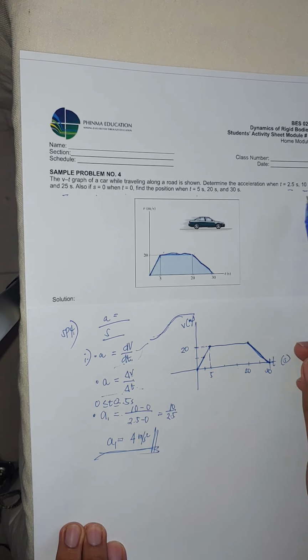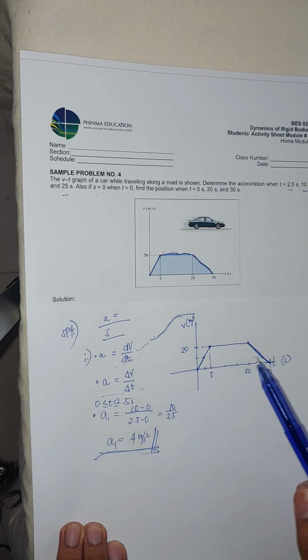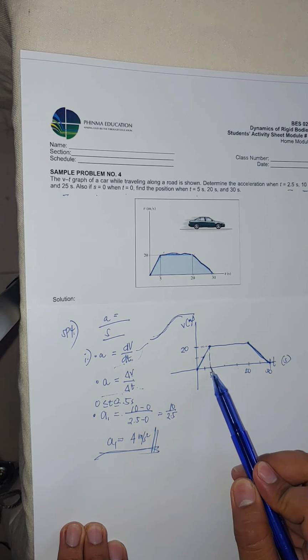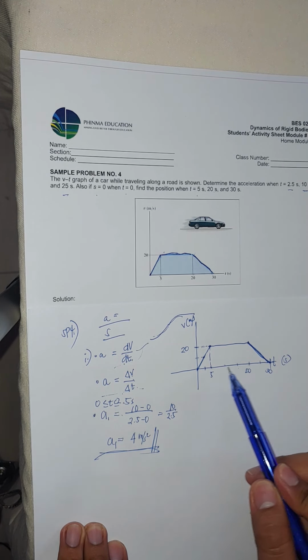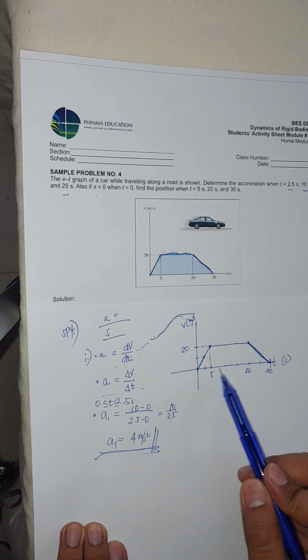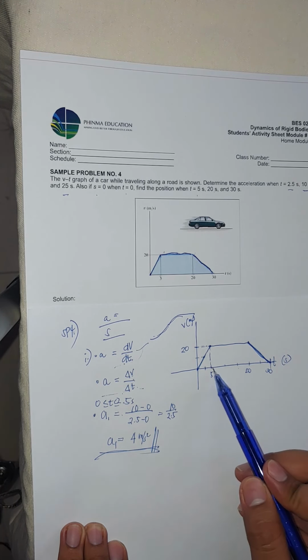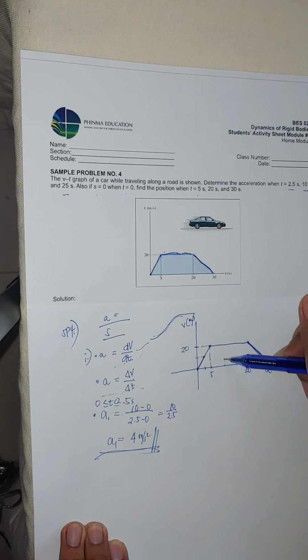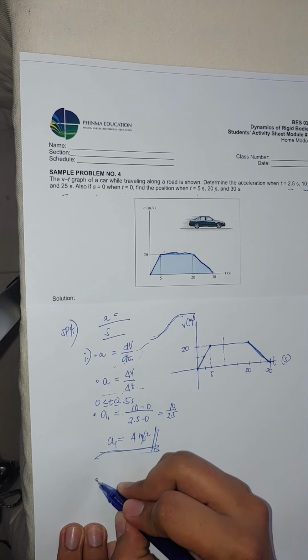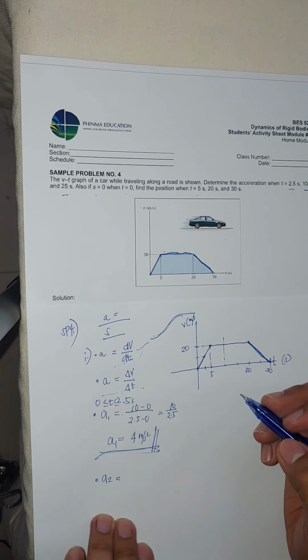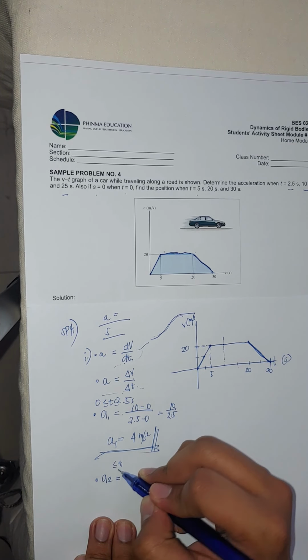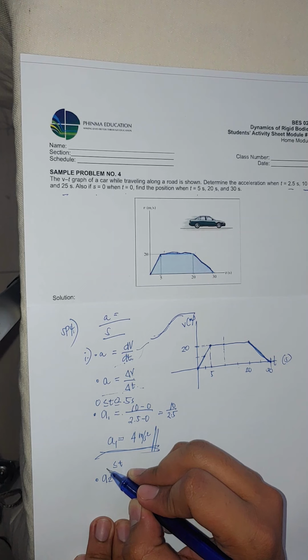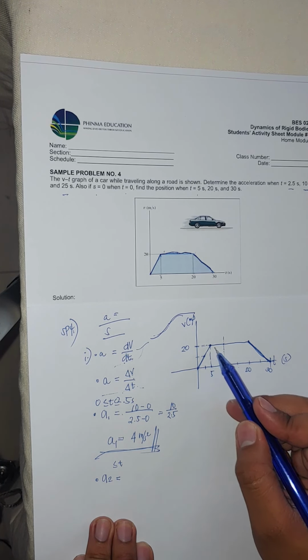How about the next, at 10 seconds? If you look, 10 seconds is between the interval 5 to 20. So 20 minus 5, this is 15 seconds. So the 10 seconds is somewhere in here, clear from the graph, okay? So a2 is just equal to the change in velocity. Let's say a time interval from 5 seconds to 10 seconds.